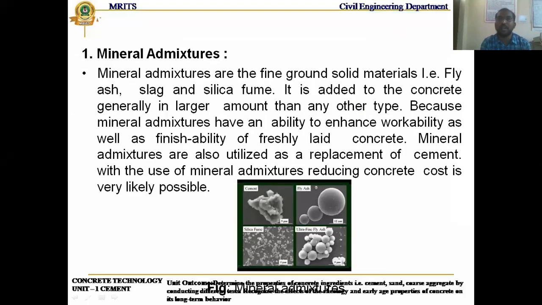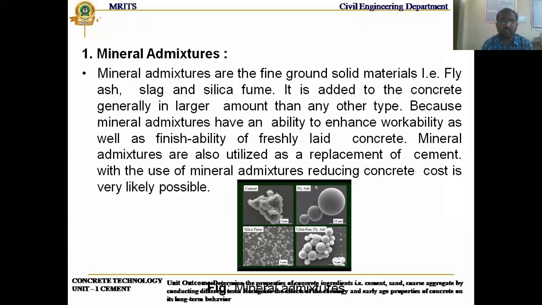Mineral admixtures. So what do we mean by mineral admixtures? Mineral admixtures are finely ground solid materials. We can take fly ash, silica fume, and ultra fine fly ash as examples. These are some of the examples of mineral admixtures. They can be added to the concrete in larger amounts, because these mineral admixtures improve the workability of the freshly laid concrete.